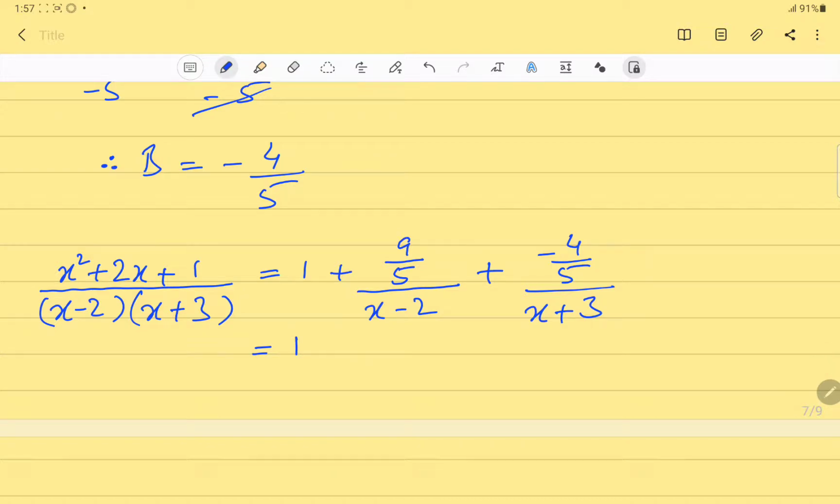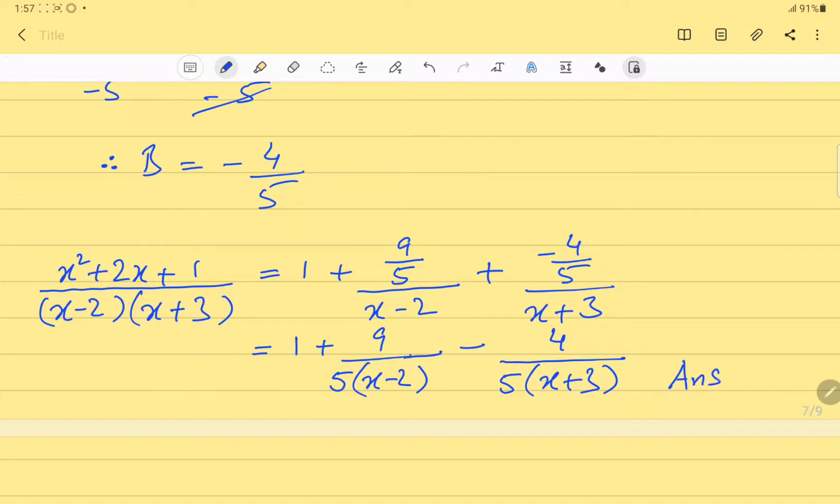So 1 plus 9/5 into x minus 2 minus 4/5 into x plus 3, which is the answer of this question.